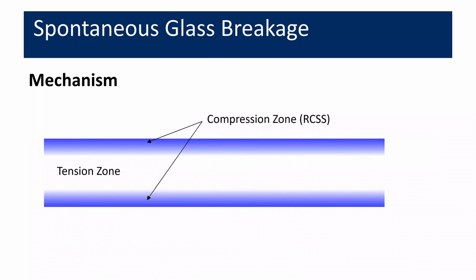Let's take a look at the mechanism of what occurs in a spontaneous glass failure. And I should point out that the spontaneous breakage is sort of the industry moniker or term for nickel sulfide induced glass breakage. You could probably say a lot of glass breakage is spontaneous, but specifically we're using the term as the industry would define it.